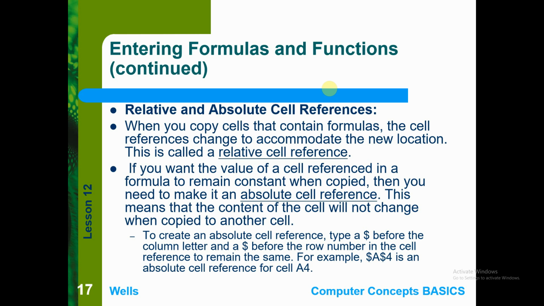Now if you want the value nga retain, constant ang aton value, you have to make sure nga may dollar sign symbol before sang column letter, and a dollar sign before sang row number sang aton nga cell address. So for example, ang $A$4 is an absolute cell reference for cell A4.